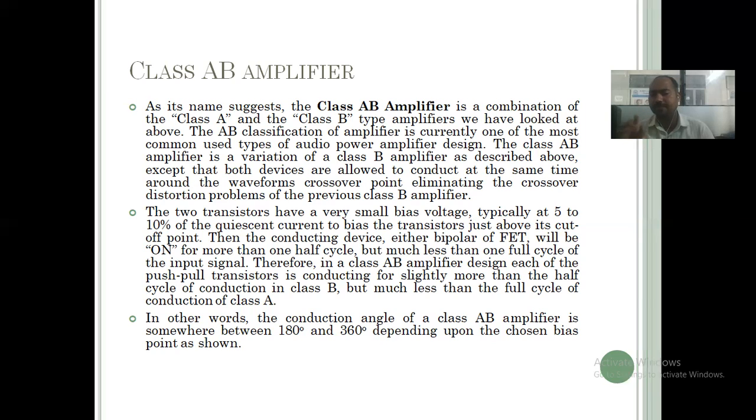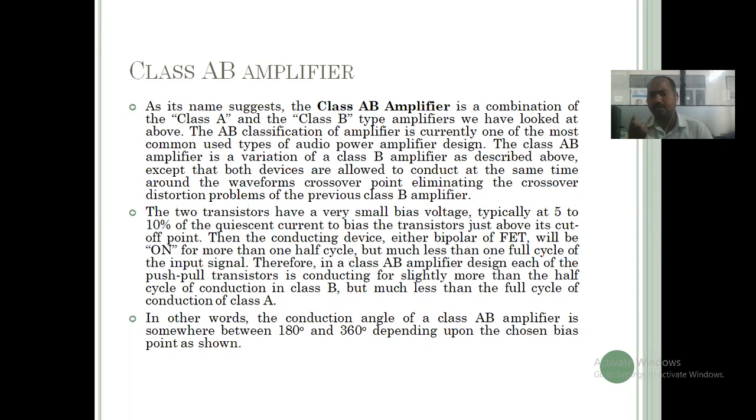So what happened? The problem coming with respect to your amplifier is that crossover indicates that during the period from 0 to some value, or 180 to some negative value, right? In that period there should not be a situation where no transistor is working. So during that period this transistor should work, right?